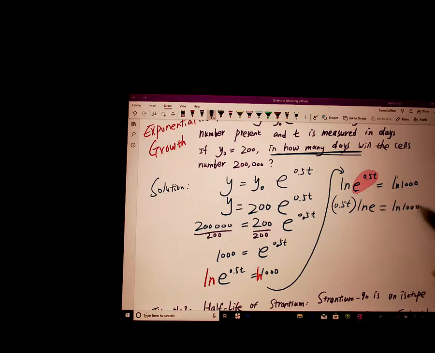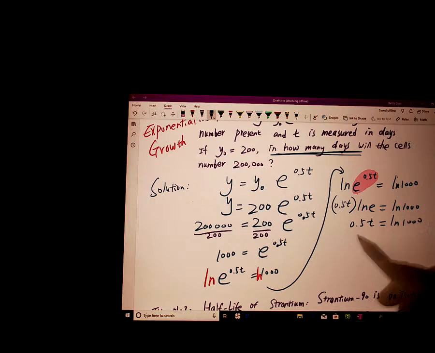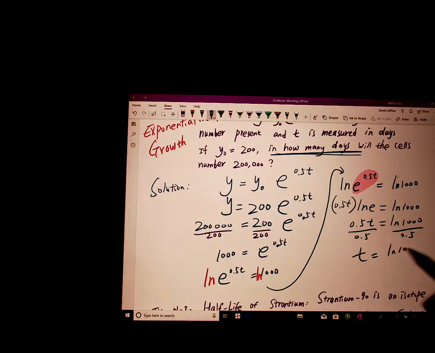As I said, you see the benefit now of using natural logarithm instead of common logarithm, because ln e is 1. So we have 0.5t on the left equals ln 1000. Divide both sides by 0.5. We have t equals ln 1000 over 0.5. It's actually twice of ln 1000.